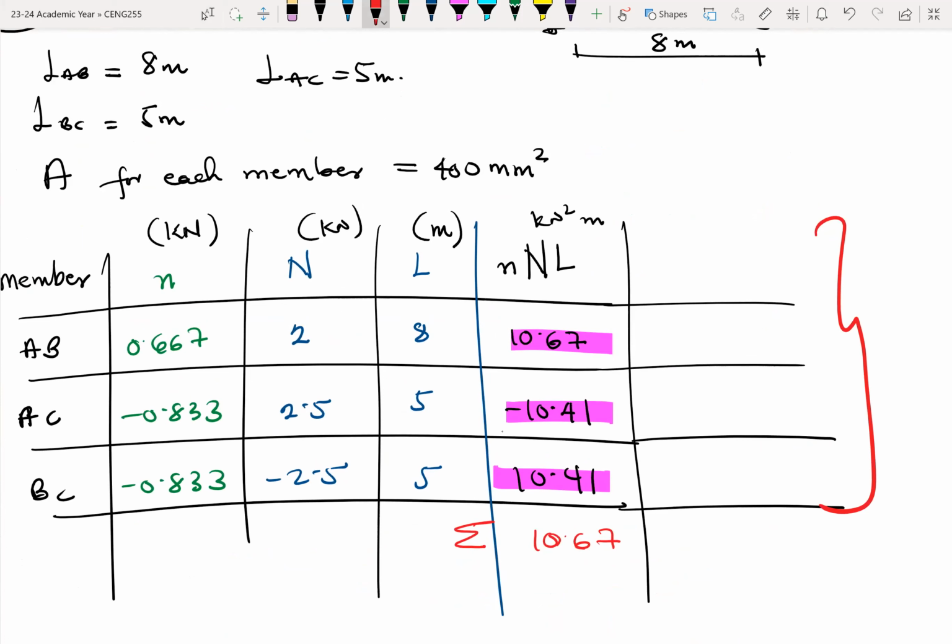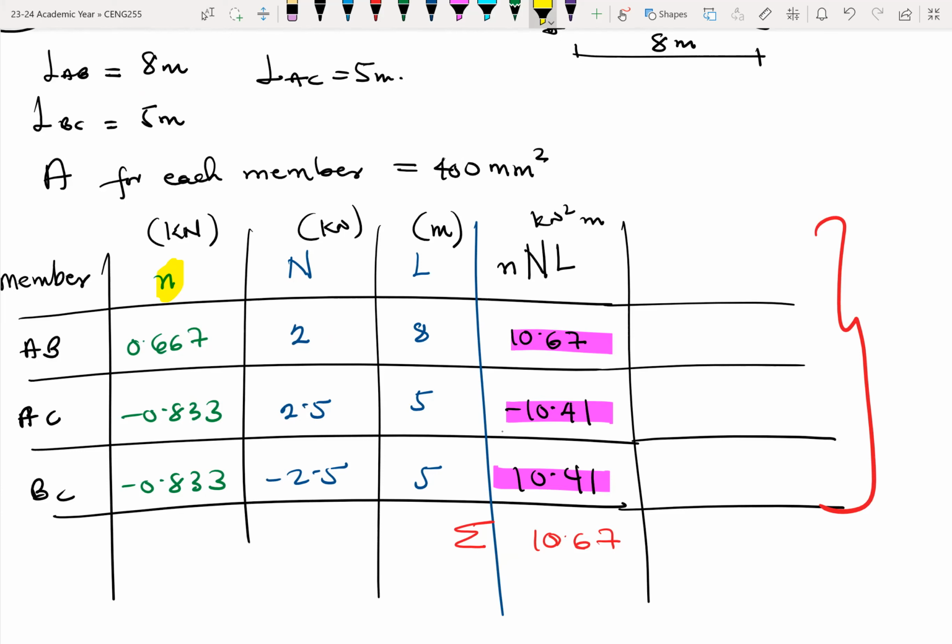So here I have the small letter n, which is the forces in the members coming from the unit load, the virtual load I placed. Then we have the capital N coming from the real load. We have the L, which are the lengths of the members.